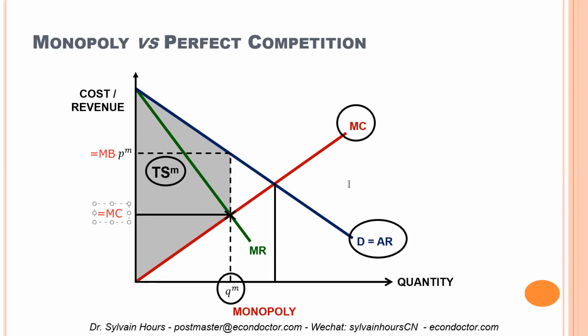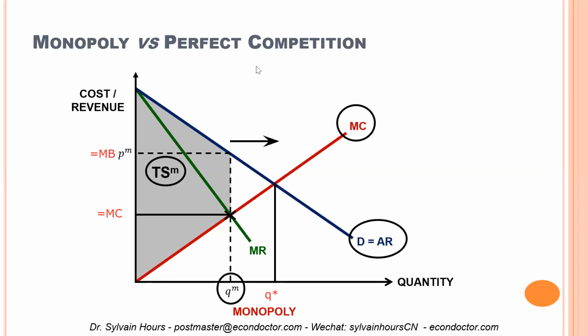So if I want to increase total surplus, I should move from QM to Q star, the notation that we had before, the allocatively efficient level of output. So if we do not maximize total surplus at QM, it means that there is a deadweight loss.